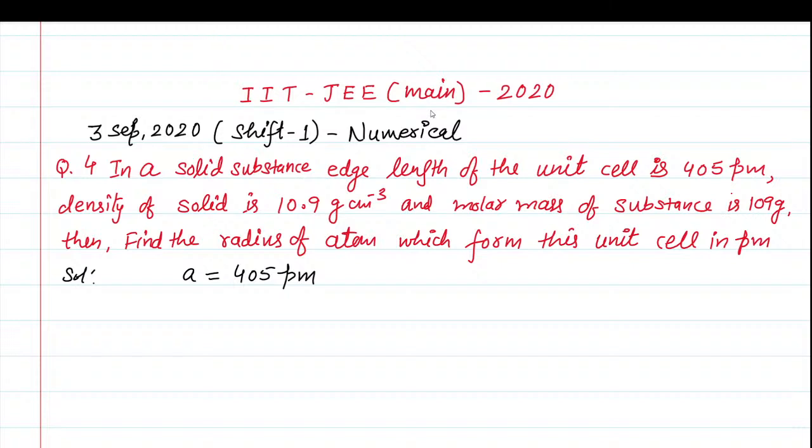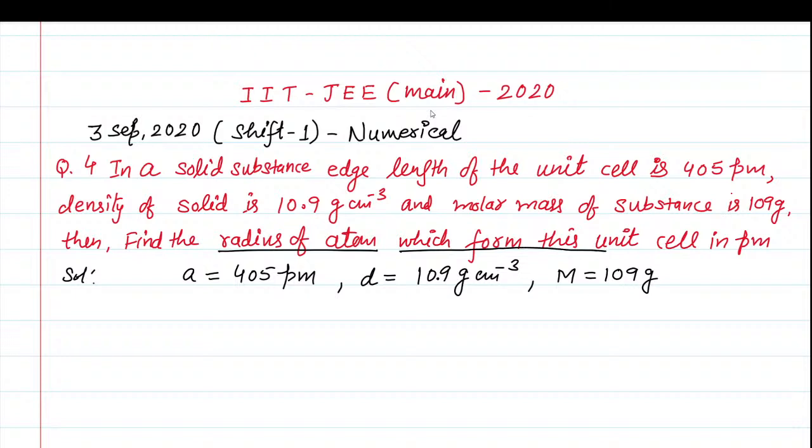Density of the solid is given, 10.9 gram per centimeter cube. Molar mass is also given, 109 gram. To find the radius of the atom which forms this unit cell, in picometer.